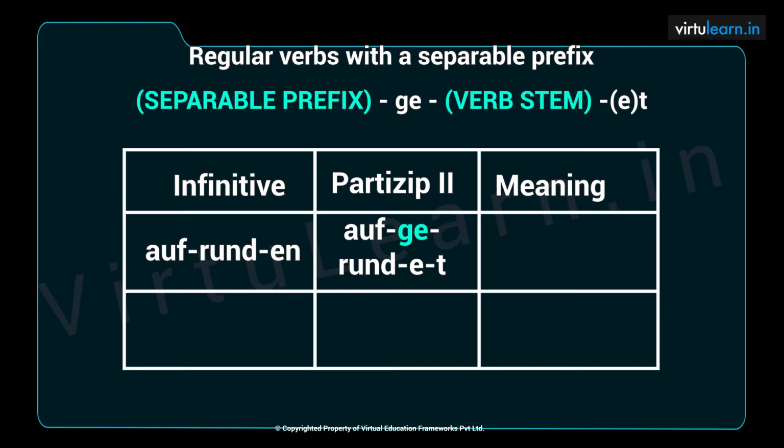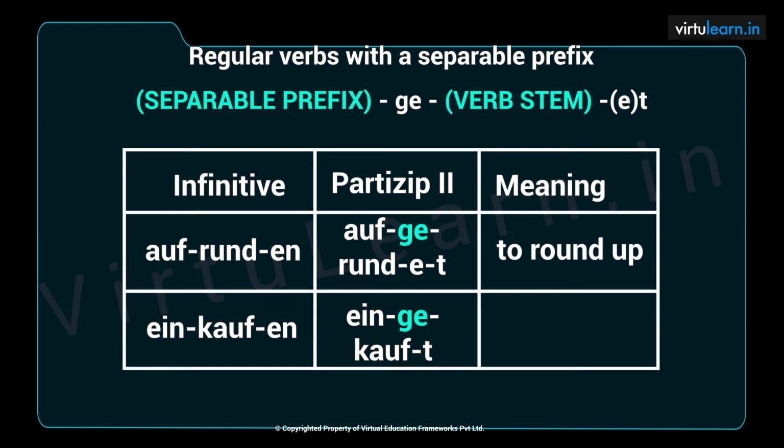Since the stem is ending with D, we need to add an additional E and the perfect ending T. So together it becomes aufgerundet. Einkaufen, eingekauft. In simpler terms, the GE prefix is added in between the separable prefix and the stem of the verb.